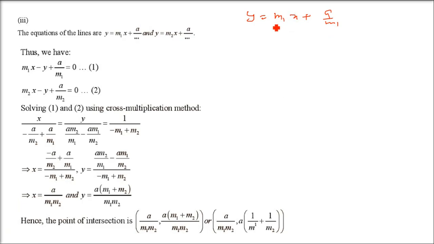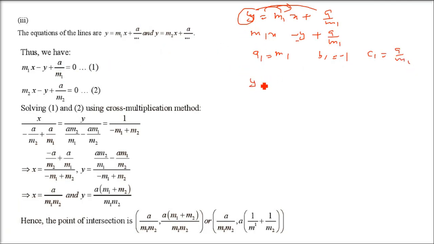That we don't want. We don't want square. Take y on the right hand side. So it will be only one shifting rather than shifting x and the constant term on the left hand side. So m1x minus y plus a by m1 is the first equation. a1 is m1, b1 is minus 1, and c1 here is a by m1.